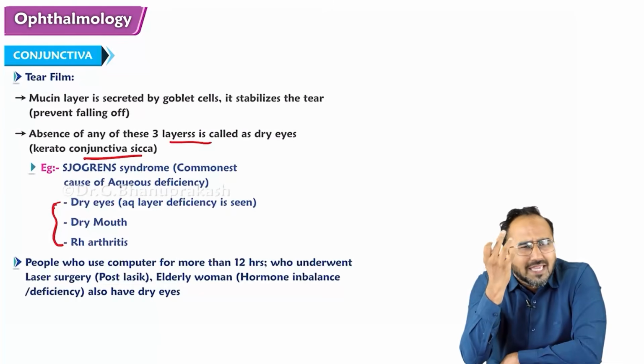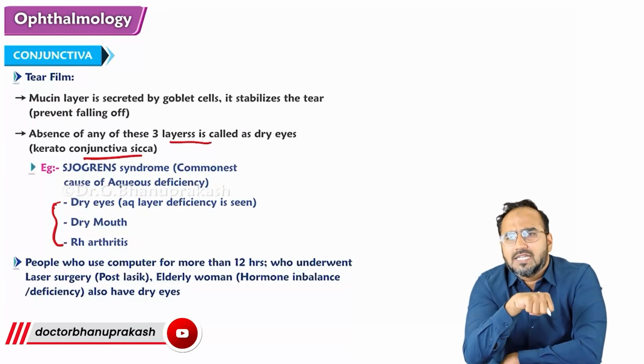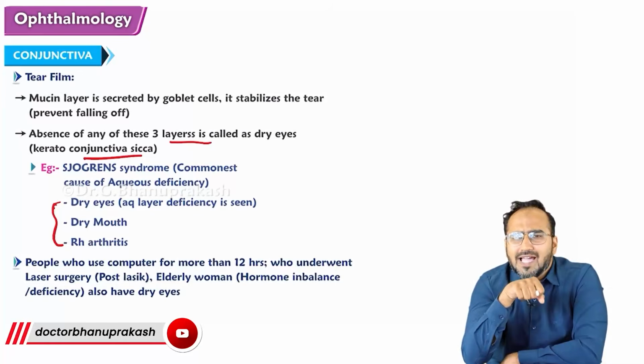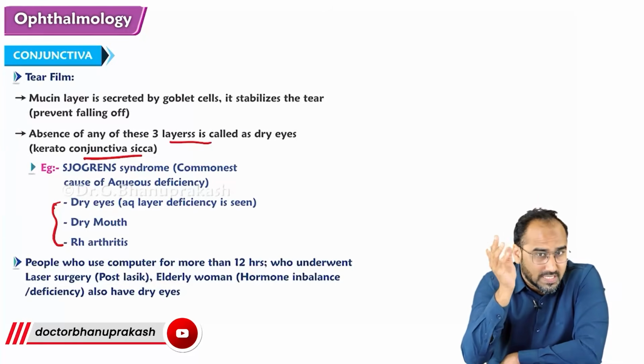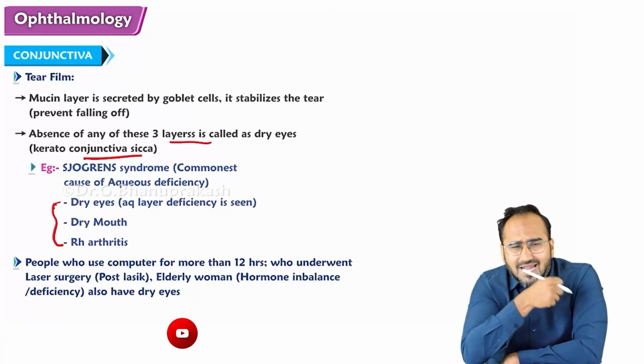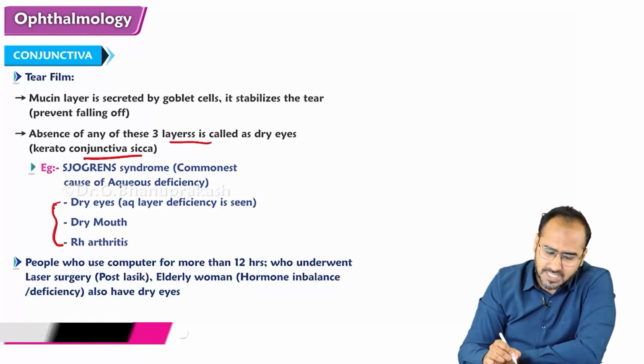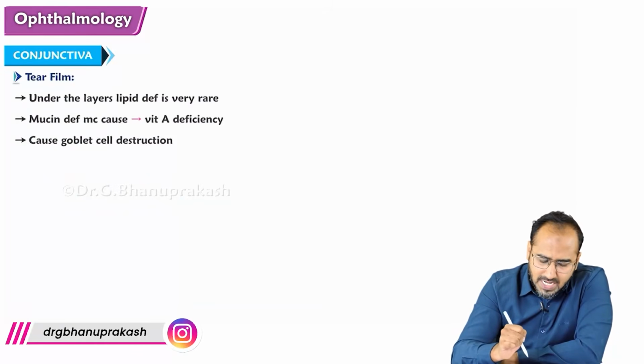When we are not blinking, our eyes will not get moistened. When we blink, the eyes will be moistened, right? So dry eyes are commonly seen in patients who sit in front of the computer, contact lens wearers who wear contact lenses for a long time, or after LASIK surgery also you might see dry eyes.